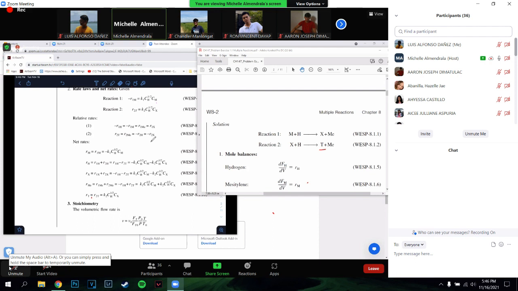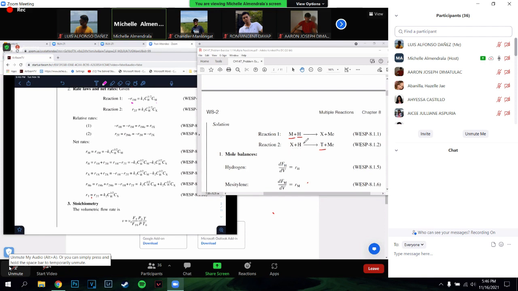Anyway, so R_M, you know how to get the net rate, right? Just give you one example. This one is just simple. So R_M is the rate of reaction of the reactant, and that will be the rate of the reaction of M in reaction 1. Okay, that's why it's 1.